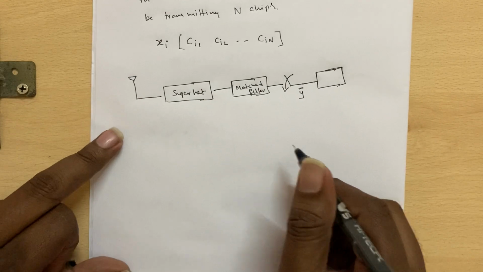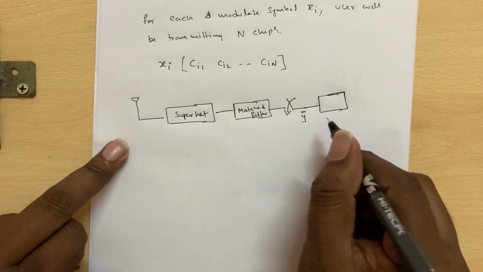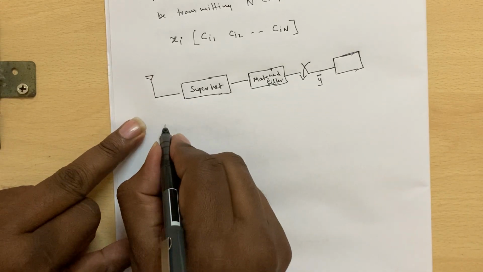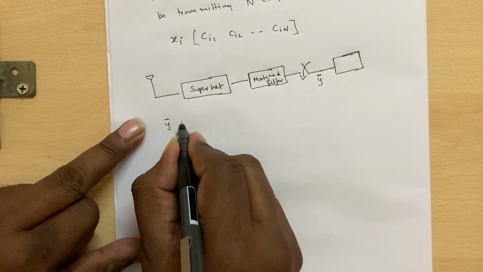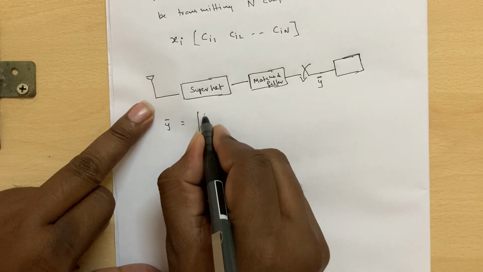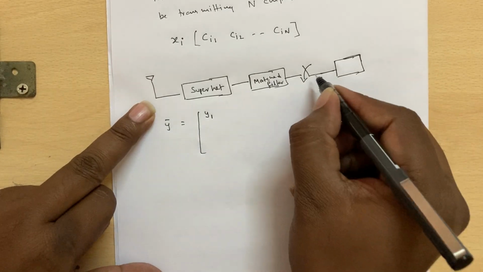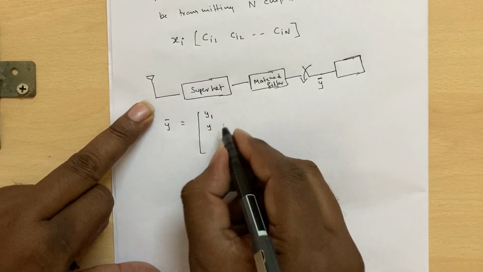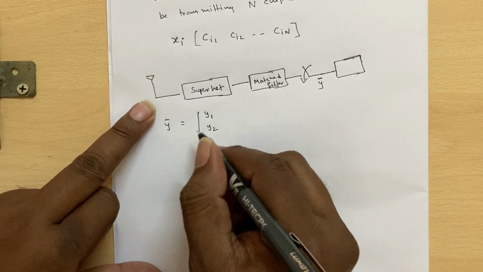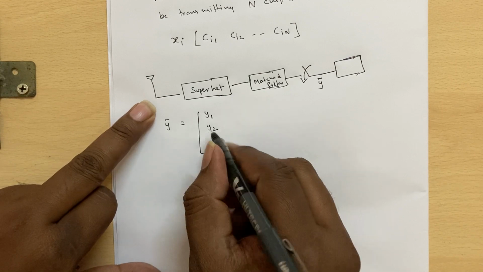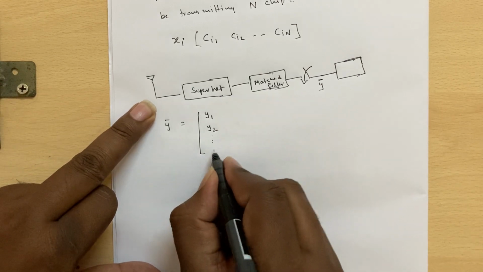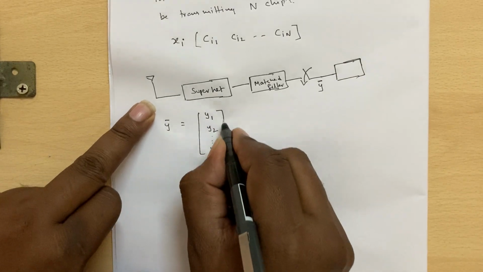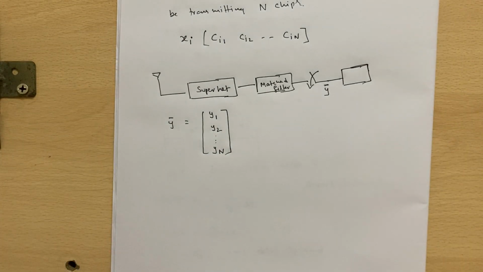The user will be communicating n number of chips, and we will be collecting n number of chips at the output. So y bar is equal to, y1 is the received sample corresponding to the first chip of the transmitted data, and y2 corresponds to the second chip of the transmitted data. Like that, after the sampler we will take n number of chips.